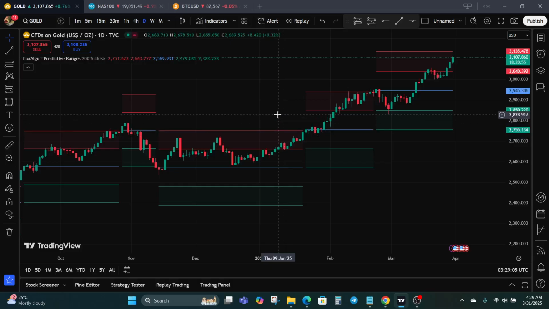It uses advanced algorithms to scan price action, ensuring that you get real-time actionable signals without delay. So no more second guessing or redrawing lines, just pure data-driven levels that guide your trades.